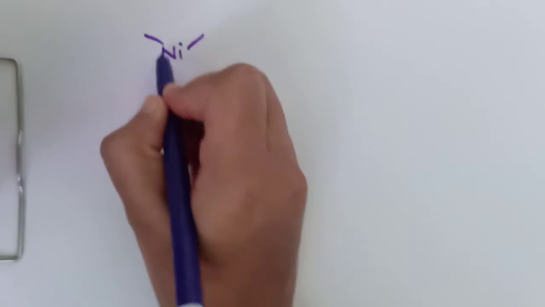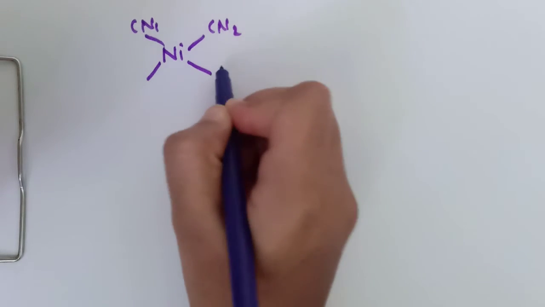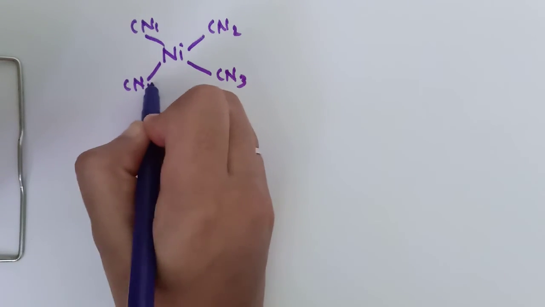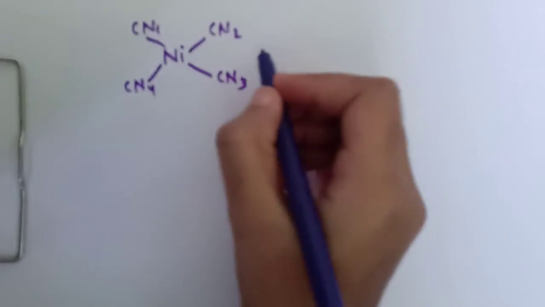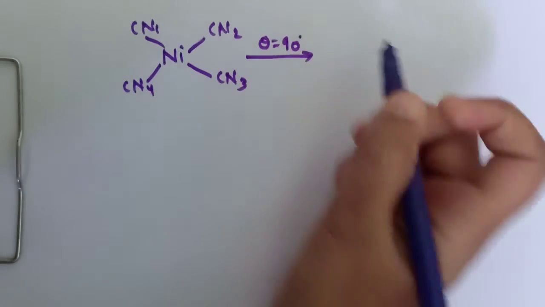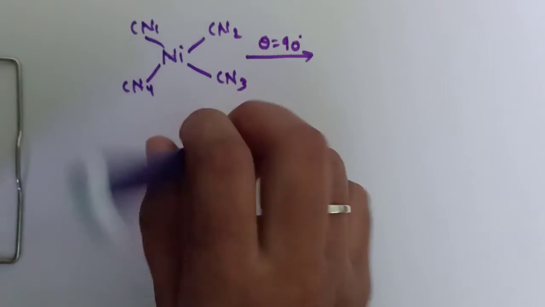that is Ni. Let's name it as CN1, CN2, CN3 and CN4. See here theta is equals to 90 degree, and we should pass the axis perpendicular to the Ni atom like this.